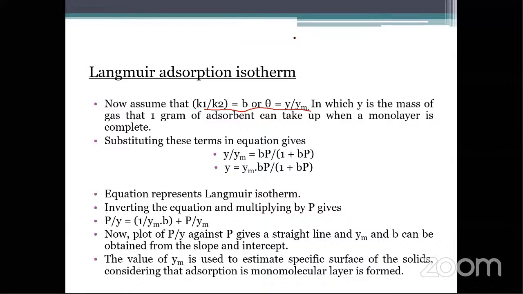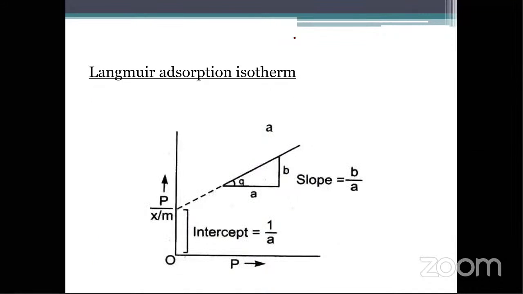This you have to remember, that this Langmuir adsorption isotherm, whatever equation you are studying, is only true when a monolayer is formed. So this is the equation for Langmuir adsorption isotherm.